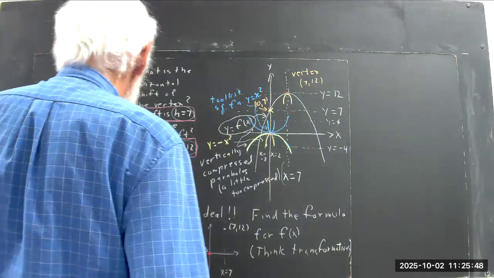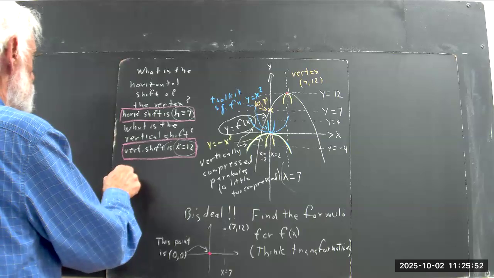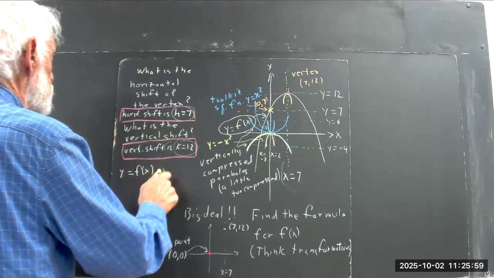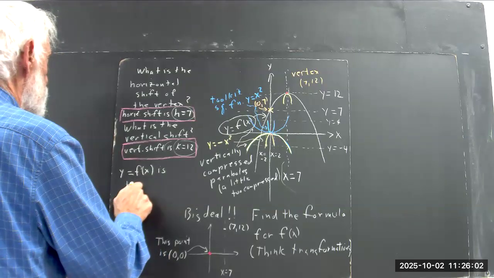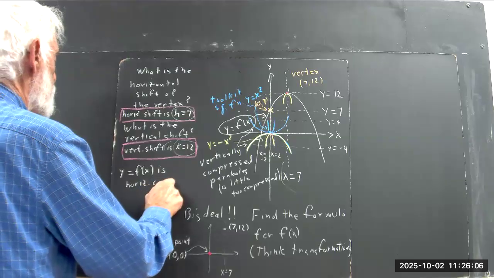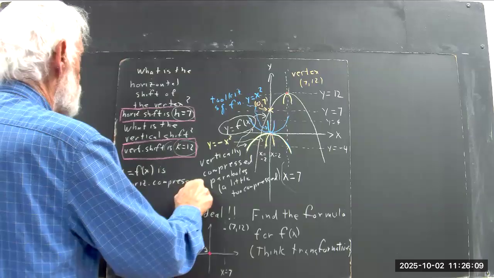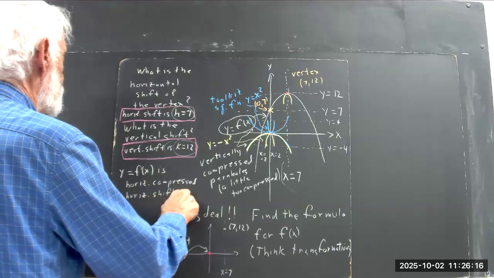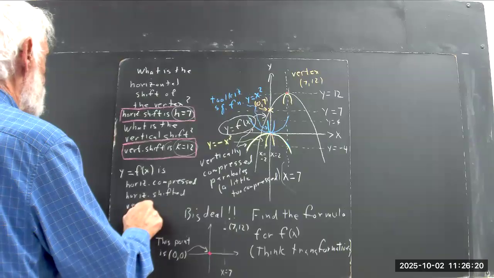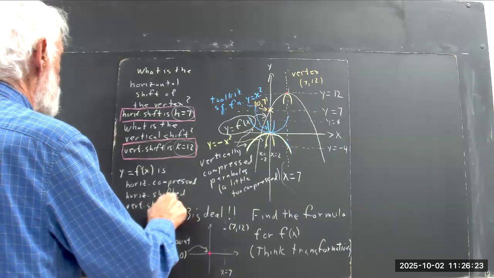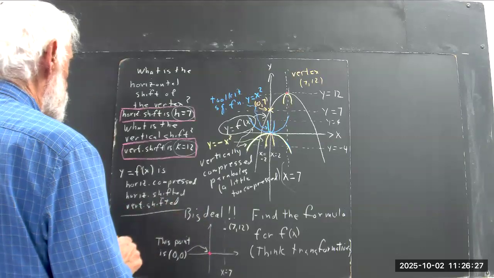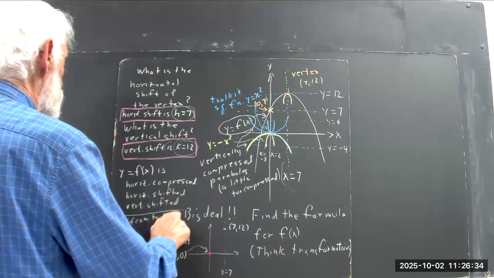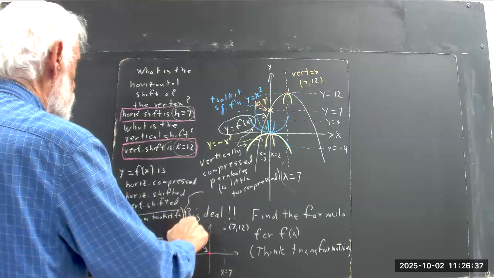Okay, so horizontally compressed, horizontally shifted, and vertically shifted from the toolkit function.